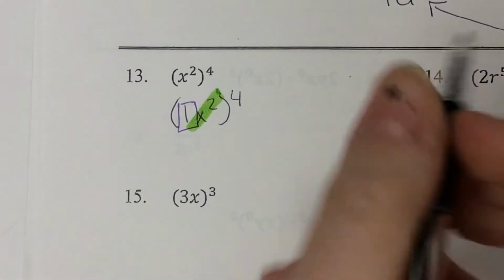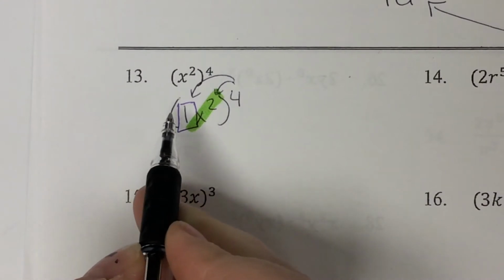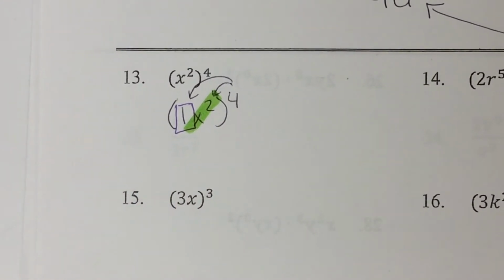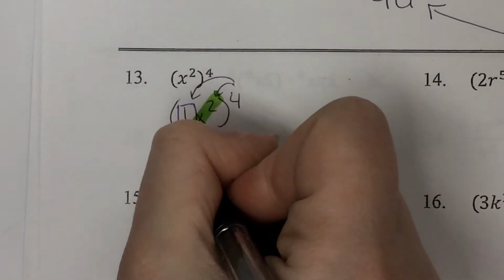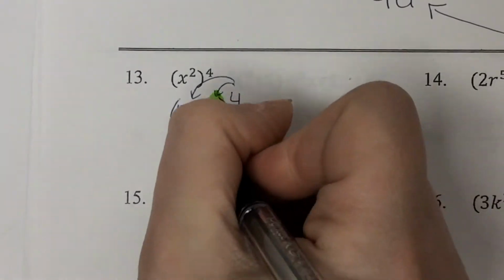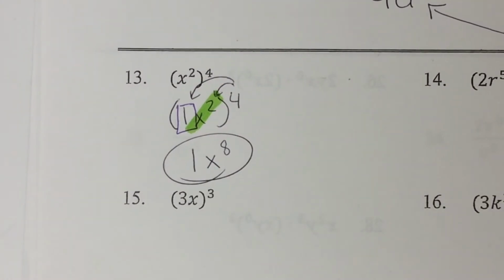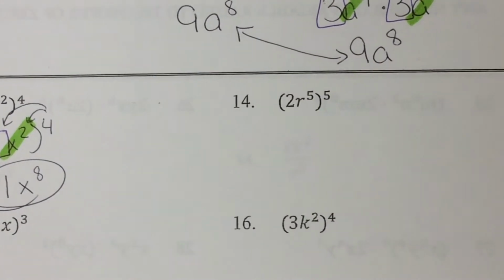So I need to distribute this 4 to this part and to this part. So 1 to the 4th power is going to be like 1 times 1 times 1 times 1. Always going to be 1. And then x squared to the 4th power, remember we are going to multiply our exponents, so that means x to the 8th power.